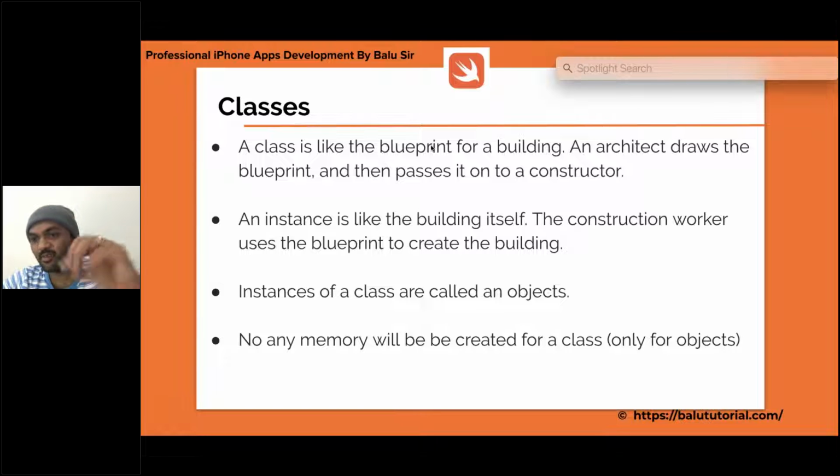One class, one class. Multi-level in the sense what? One class is inherited from another class and that is inheriting from another class. Multiple in the sense what? One particular class you are defining from more than one class, which is impossible. In Objective-C also not possible, in Swift also not possible.